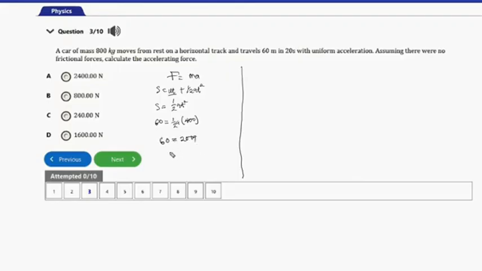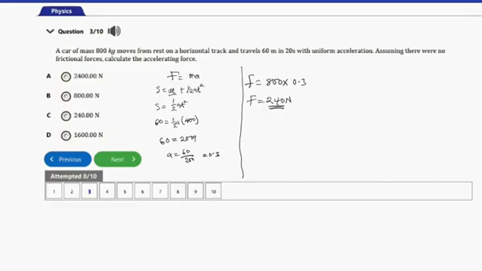So that's actually 200a. So a becomes 60 over 200. That's 0.3 here, guys. So in that case, the mass times acceleration will now be 800 kg, which is the mass, times 0.3, which is the acceleration. So when we multiply this, we'll have 240 newtons. And that's option C here.